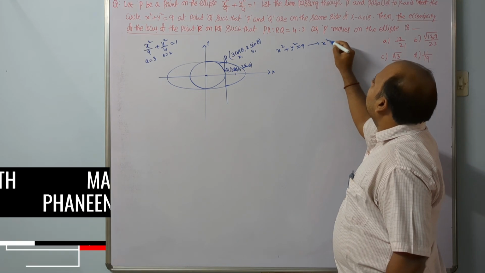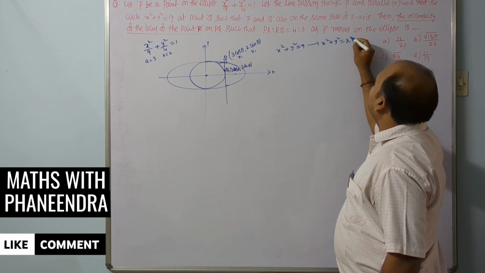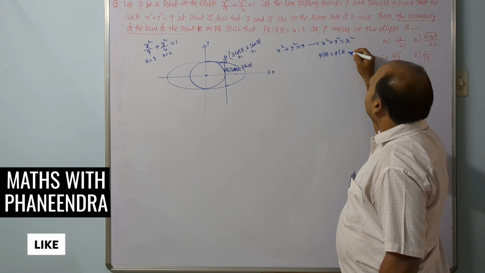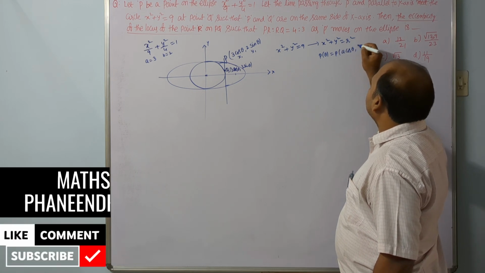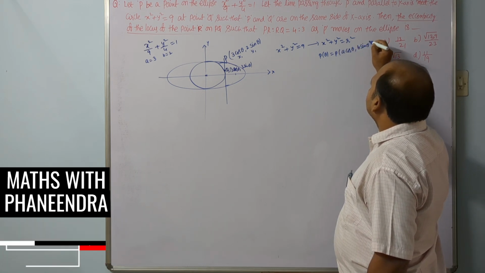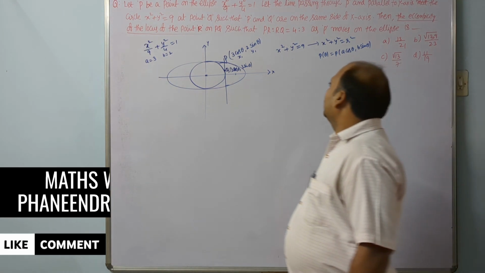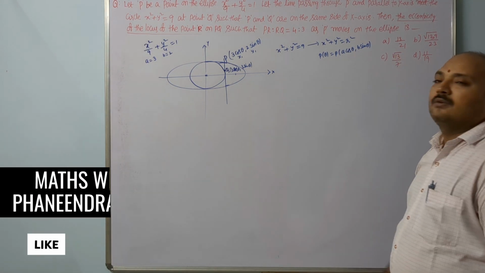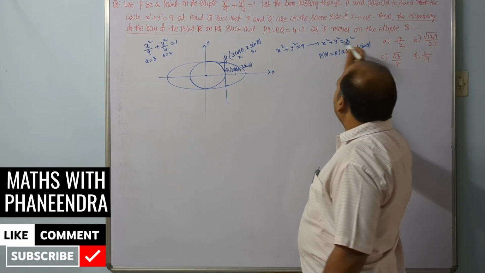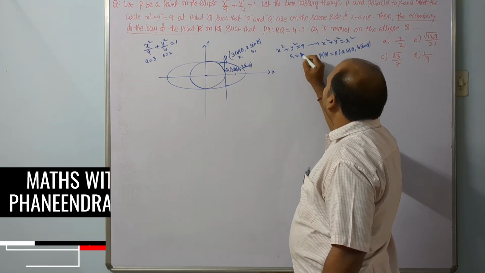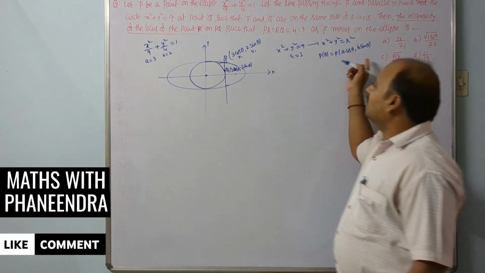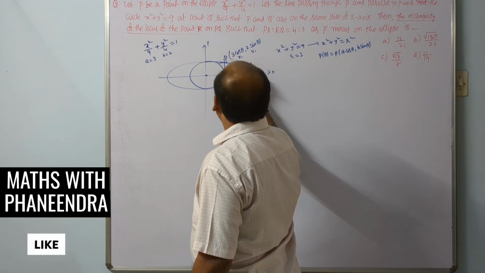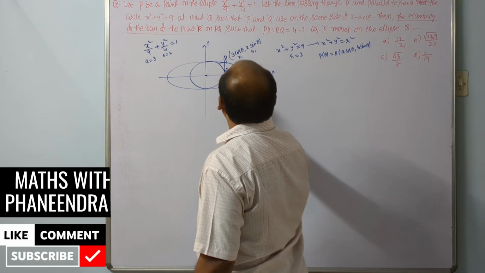For x square plus y square equal to r square, the general point is P of theta, A cos theta, comma B sin theta, dear students. So here the radius is 3, so it will become 3 cos theta, comma 3 sin theta. This is x2, y2.